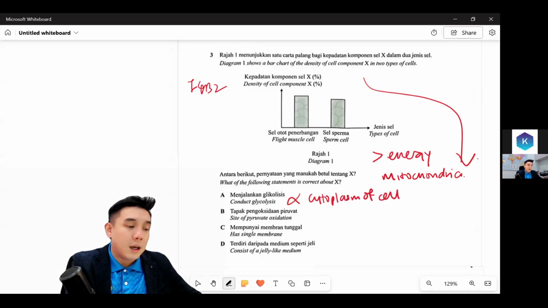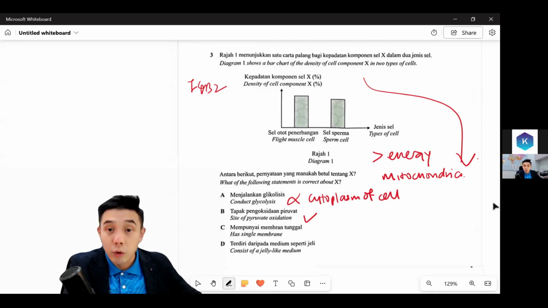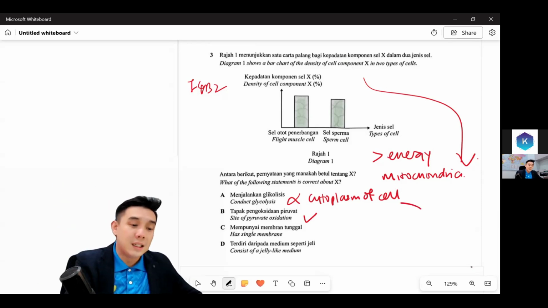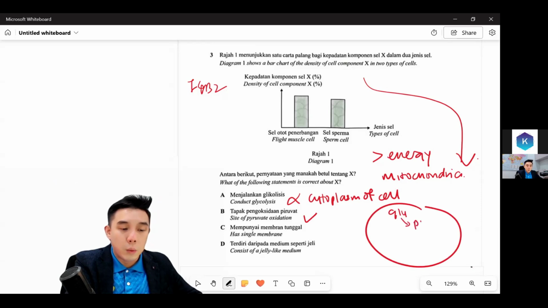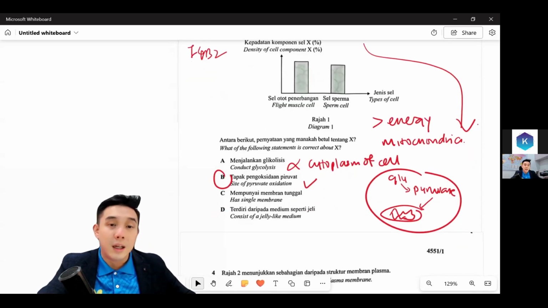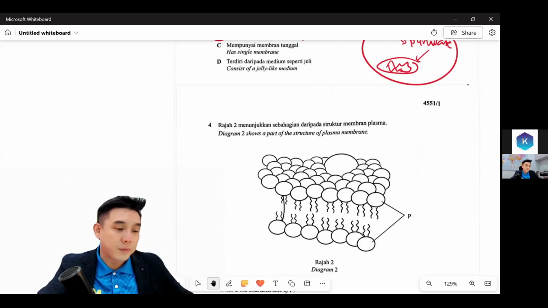Yes, it is a place for pyruvate oxidation, because after glycolysis, glucose will form pyruvate. This will then enter the mitochondria for pyruvate oxidation. So it occurs in the mitochondria. Number 3 answer is B.